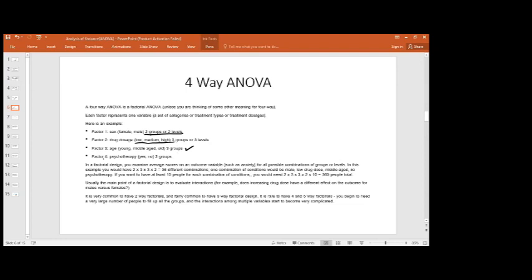Similarly, psychotherapy: yes, no, two groups. We divide it into two groups. In a factorial design, you examine scores on an outcome variable such as anxiety for all possible combinations of groups or levels.